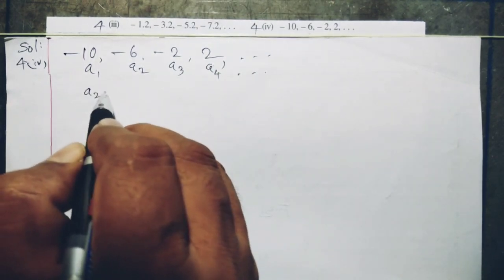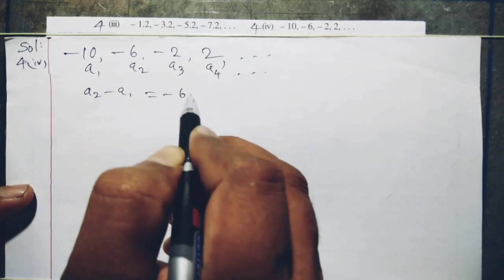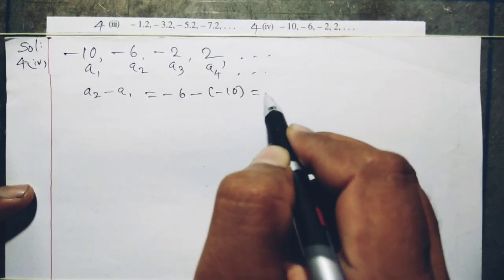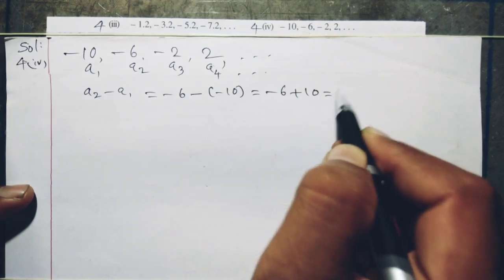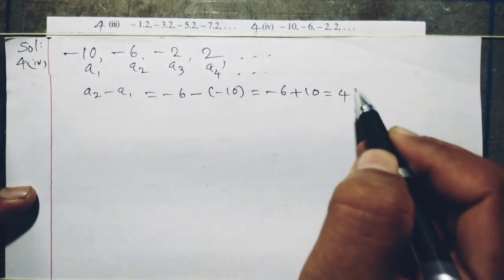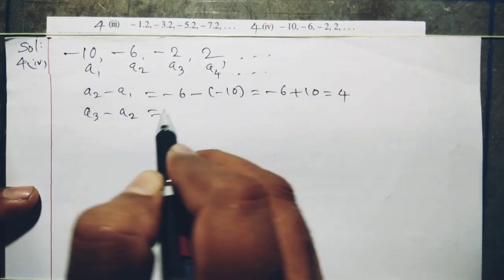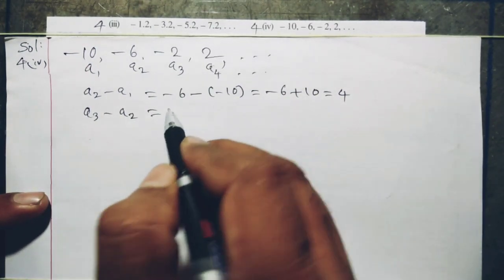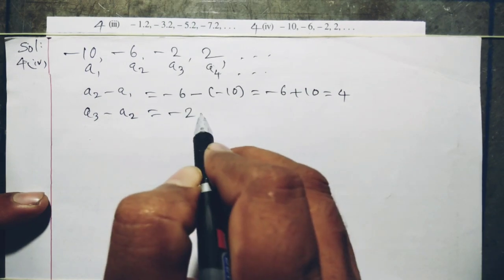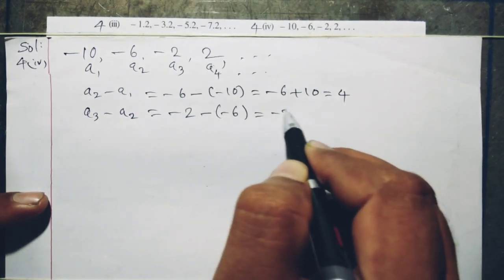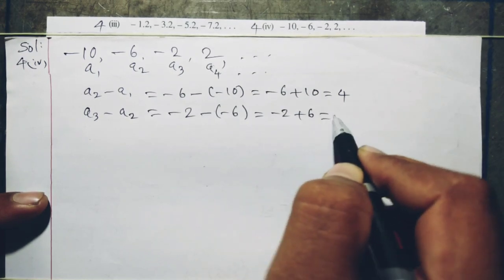Common difference: A2 minus A1, minus 6 minus of minus 10 is equal to minus 6 plus 10 is equal to 4. A3 minus A2 is equal to minus 2 minus of minus 6, minus 2 plus 6 is equal to 4.